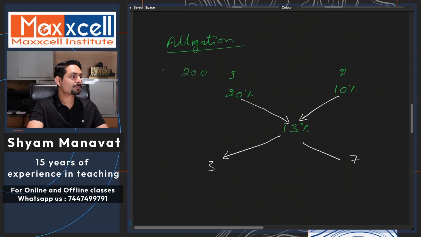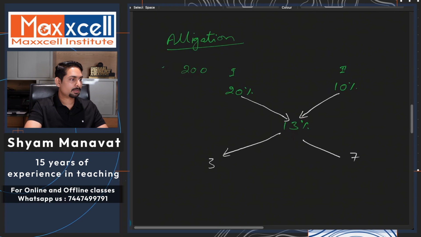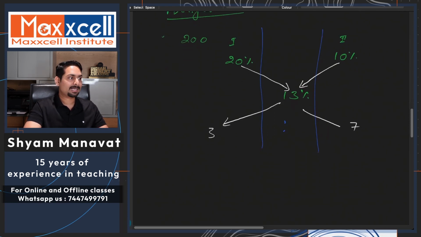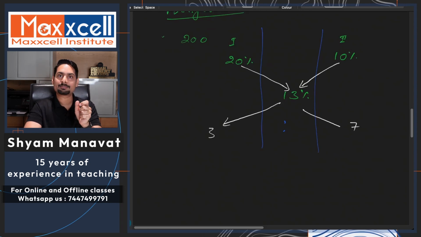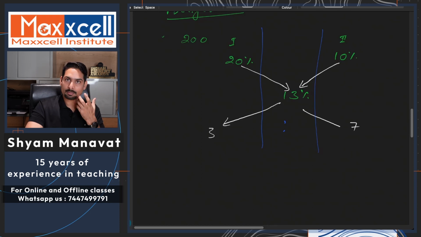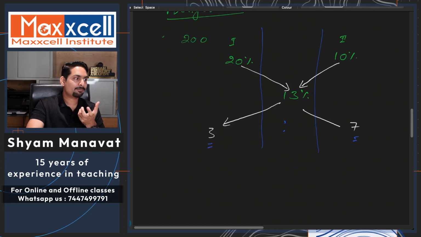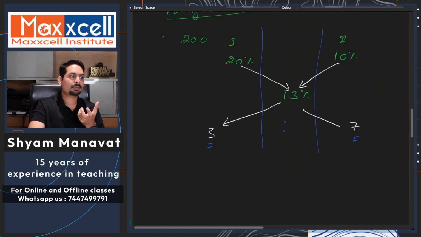And you got the answer. See, so fast you got the answer. It means that if you want the overall profit to be 13%, you have to sell the quantities in ratio 3:7. 3 for 20%, 7 for 10%.